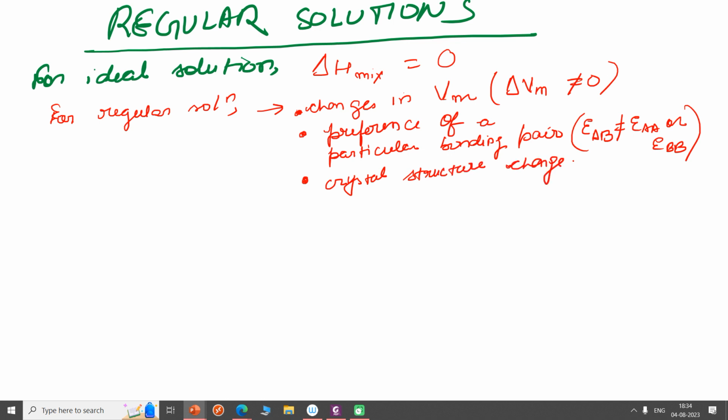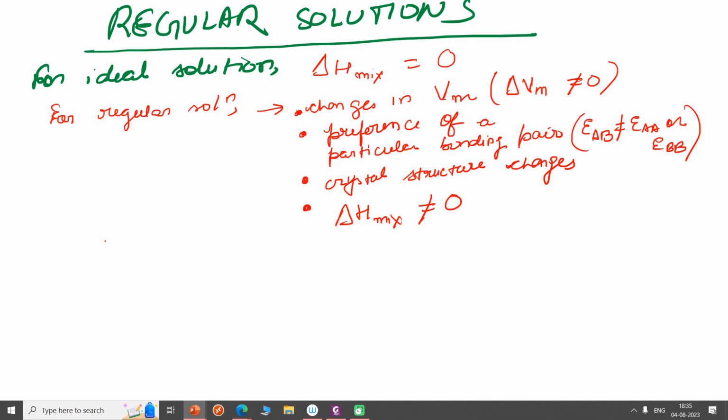And also we have assumed that the crystal structure also changes. So upon addition of a component, there might be an increase because the volume is not conserved. So there could be a change in the cell of the structure, so that we have a change in the crystal structure, and all those reasons contribute to the non-zero values of the enthalpy, right?